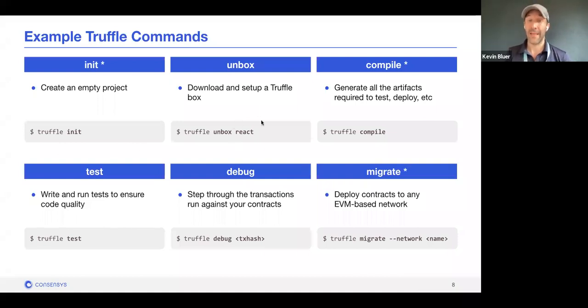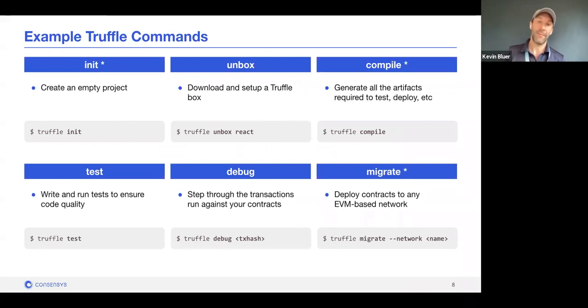A better way, or perhaps a more rapid way, which would be useful in the context of a hackathon potentially, is using a Truffle Box. I'll talk more about those later because we have a lot of them and some very relevant ones for the hackathon. There's another command called Truffle unbox, and then you put in the name of the box or the path to the GitHub repository, and you'll pull down that box, essentially clone it.